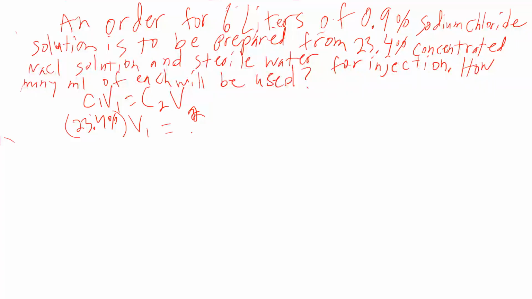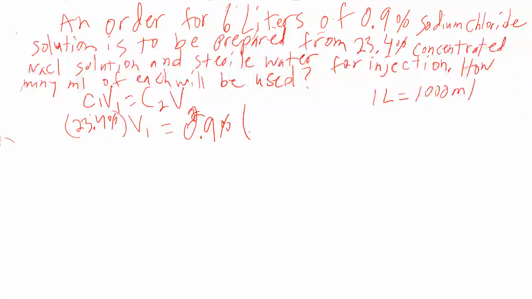And then C2 would be 0.9% in 6 liters. Now we could put in here 6 liters, or we could do 6,000 milliliters. So if you remember, 1 liter equals 1,000 milliliters.